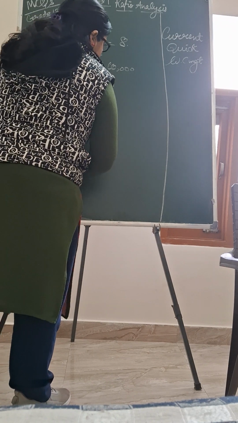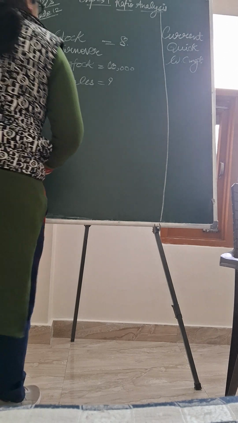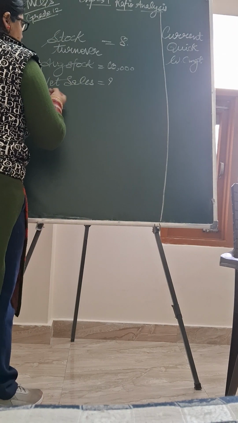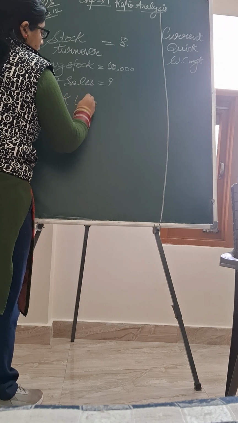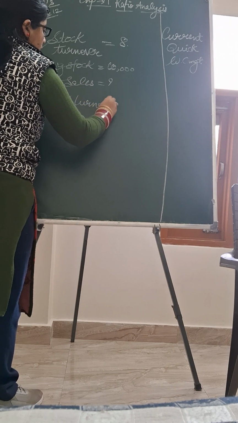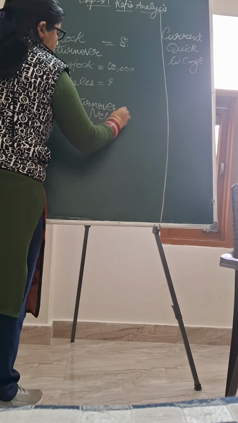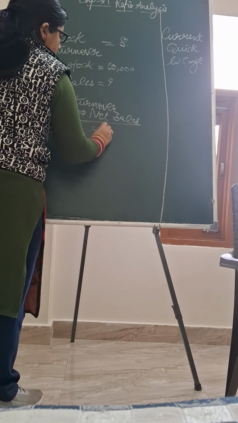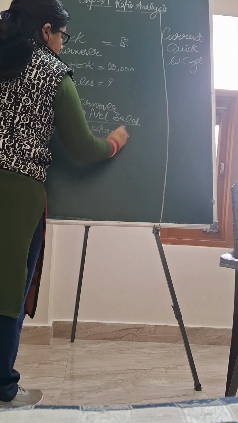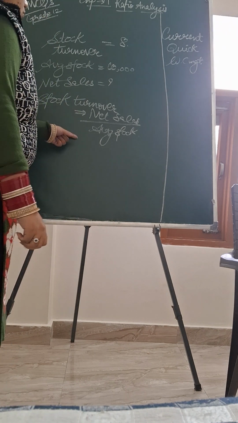When we are talking about turnover ratios, whether it is stock turnover or any turnover ratio, in the numerator there is always net sales. In the denominator it is the other value. So it is net sales over average stock.